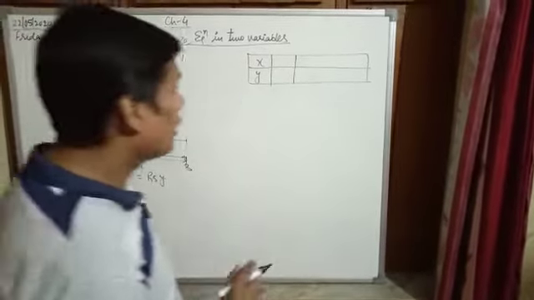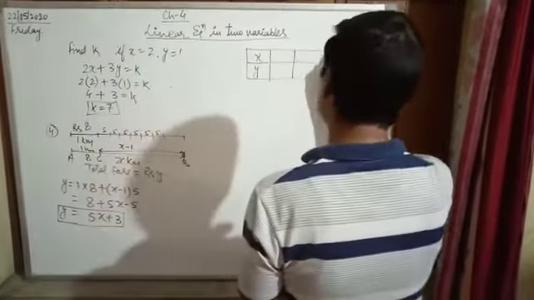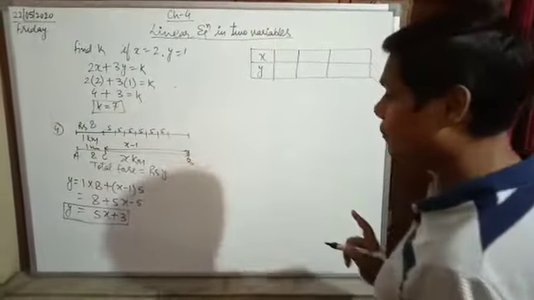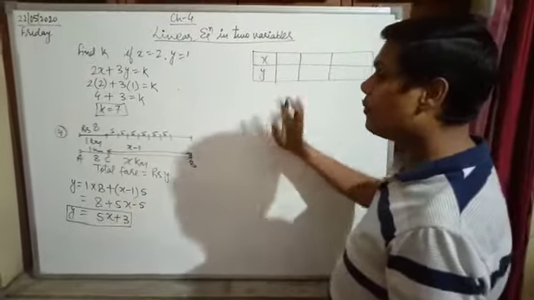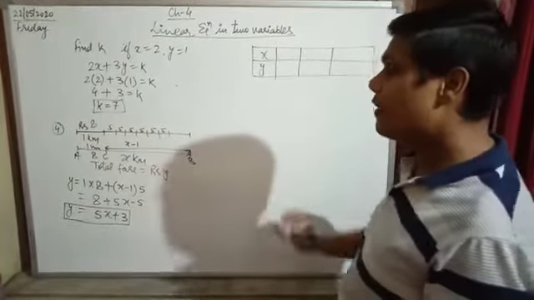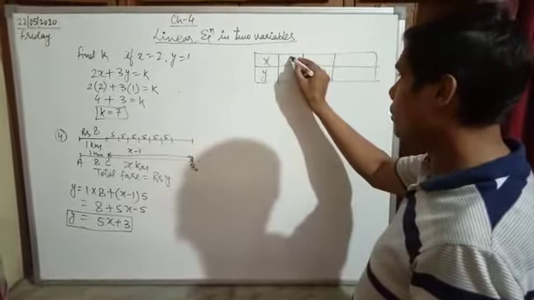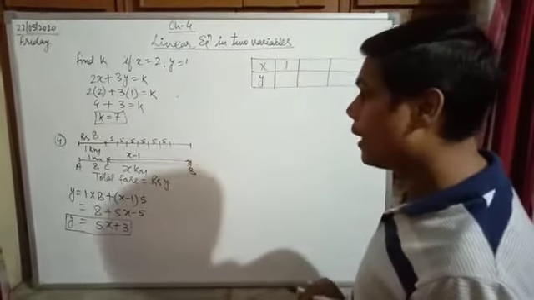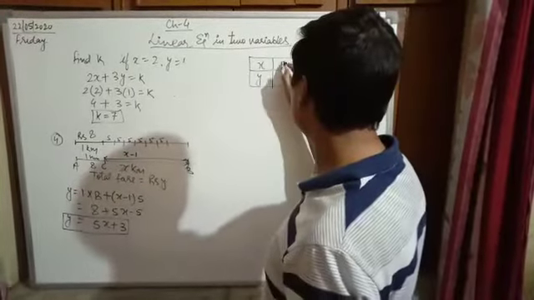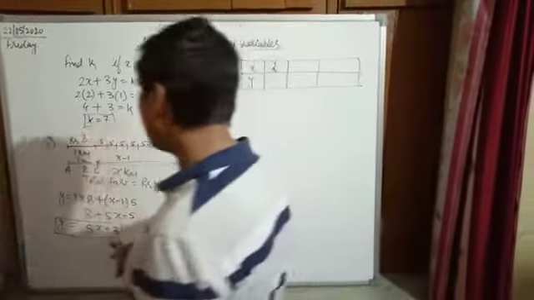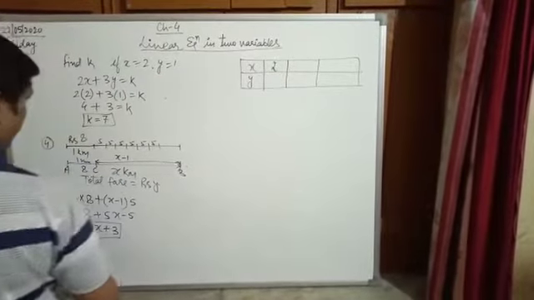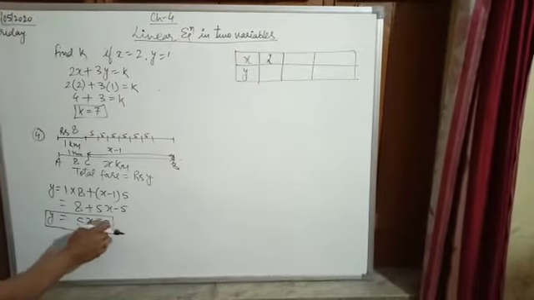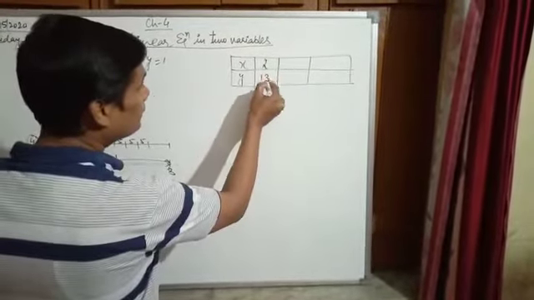Without 3 coordinates we cannot draw the graph. X comma y. Let x be equal to 2. Then 5 2s are 10 plus 3, 13.